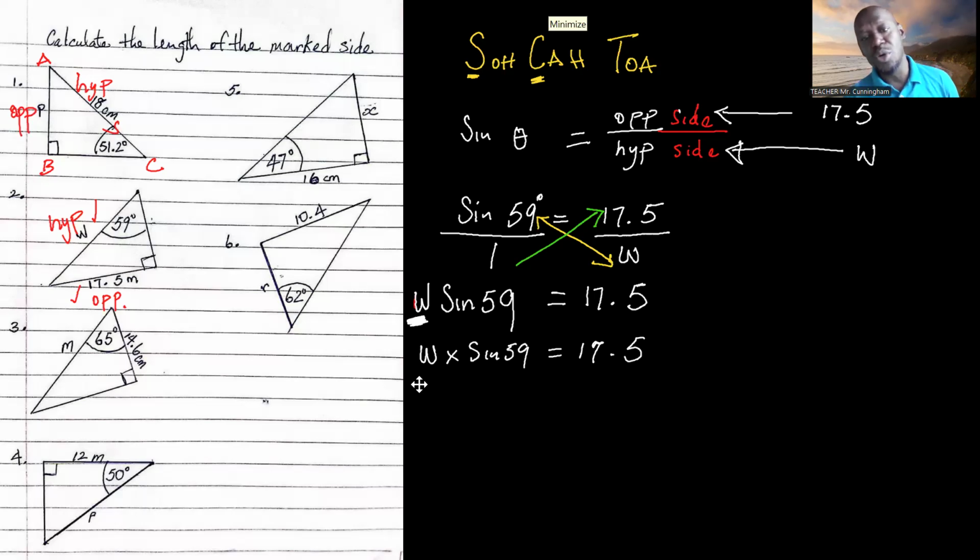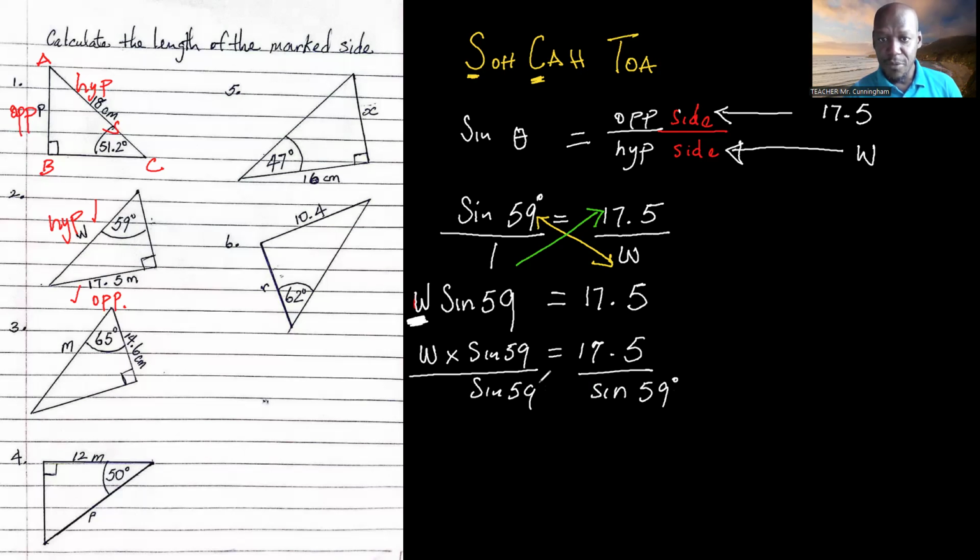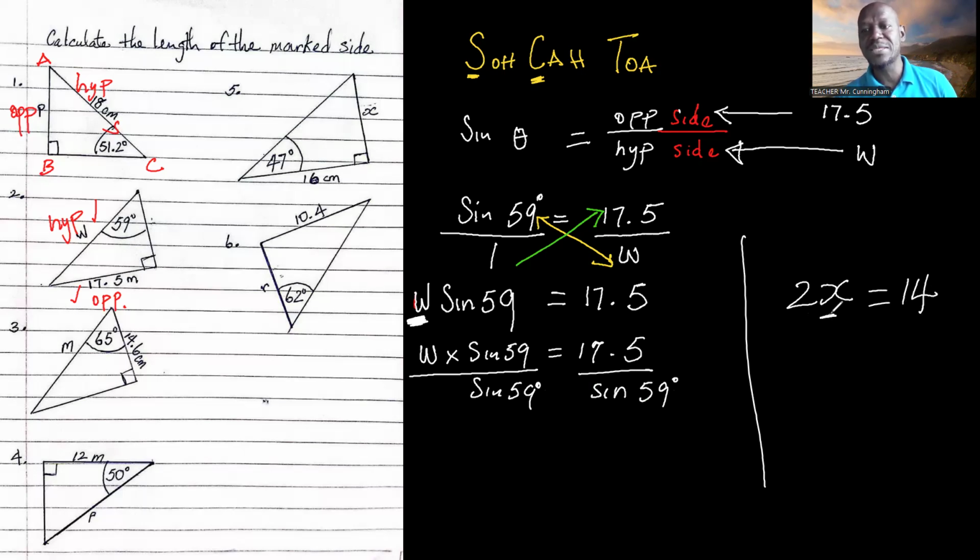So what we're doing, we're dividing throughout by sine 59 degrees. It's just like when we were doing 2x, which is 2 times x equals 14. To find x, we had to divide by what? By 2. Hold on.